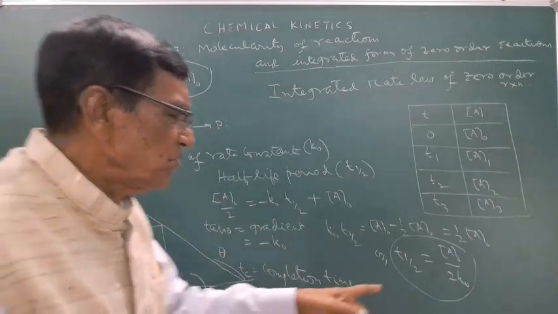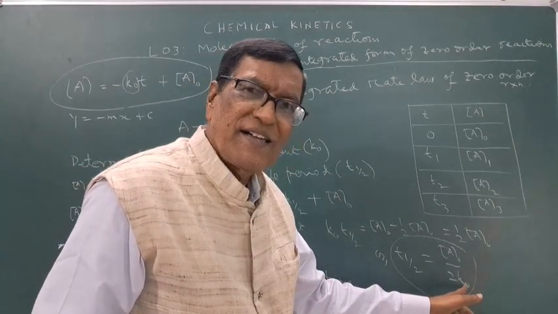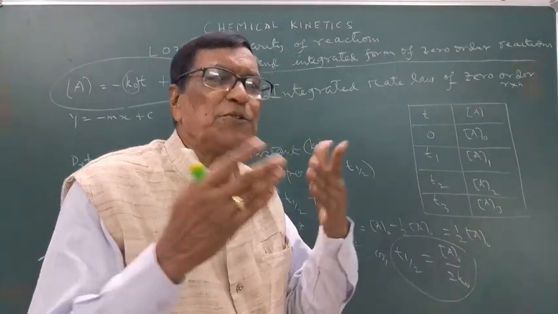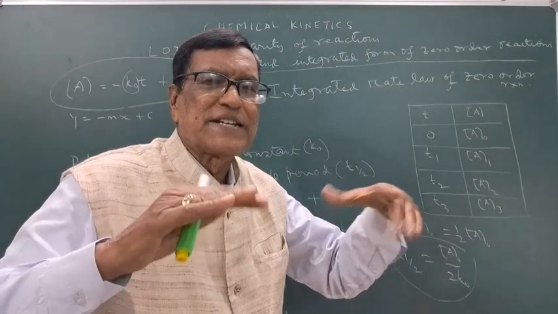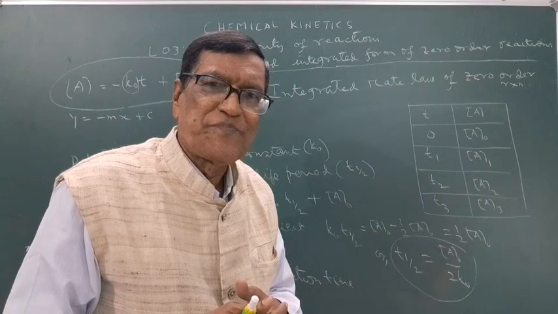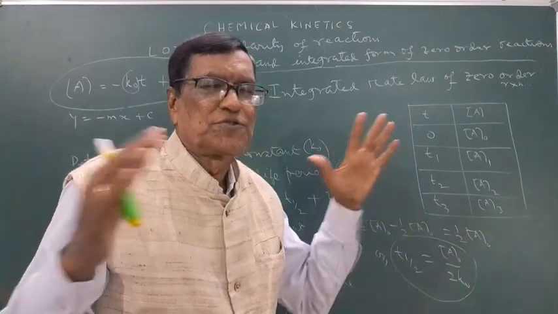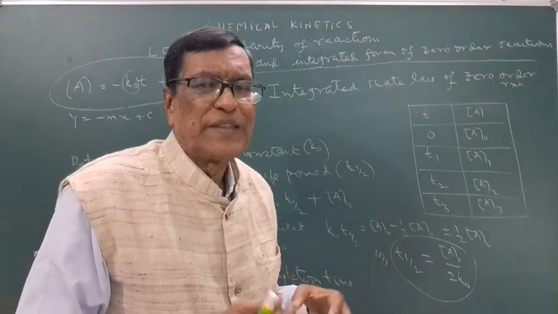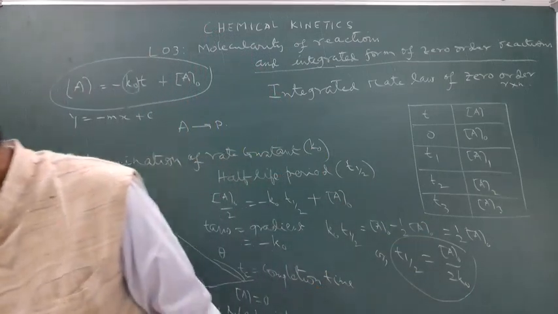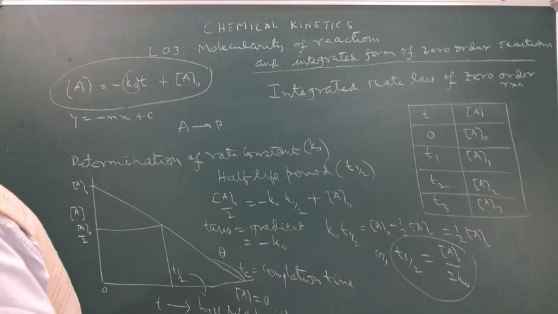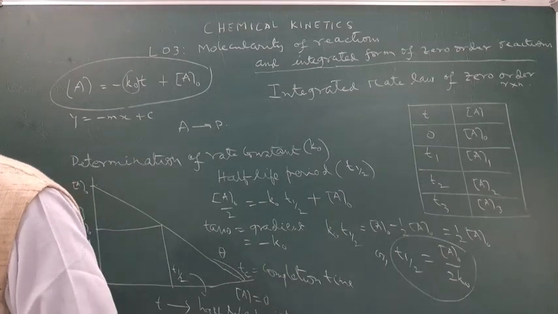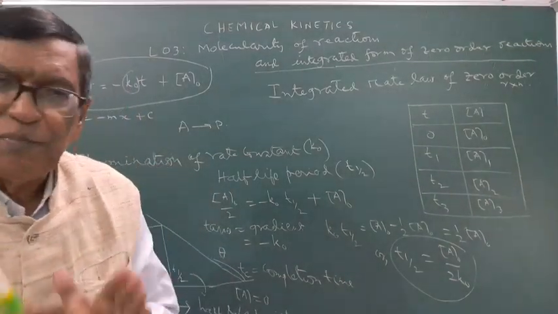And once you know K naught, and you know the initial concentration taken at the start of this reaction, T half is also known. And the completion time is also peculiar.